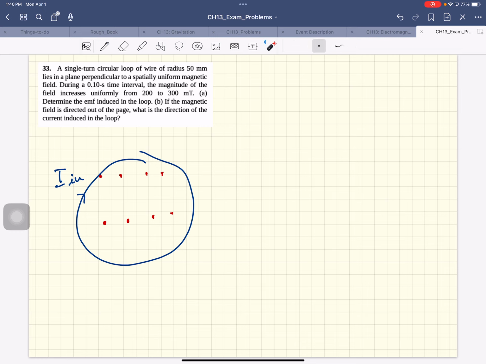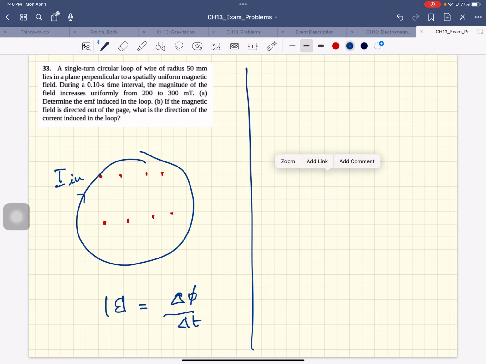Again, Mr. Faraday tells us that dΦ/dt gives the magnitude of the induced EMF. Area is constant, it's B that is changing.